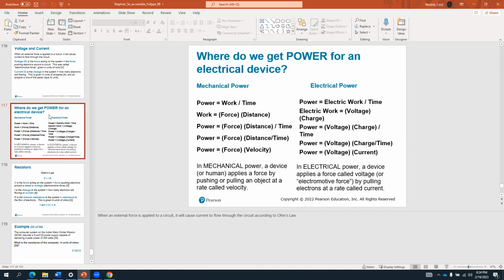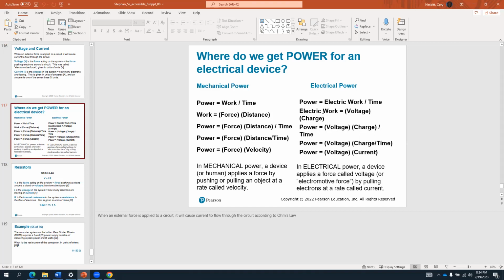Now, I did skip a slide. Power is equal to work over time, but power is also equal to electrical work over time. Electrical work is equal to voltage times charge. So power is voltage times charge divided by time.